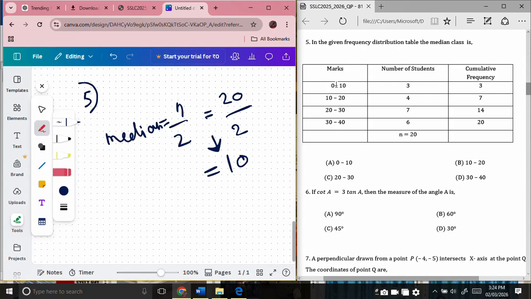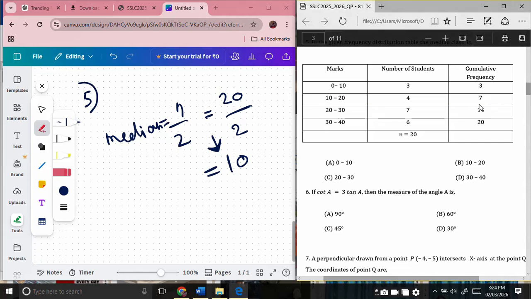In the cumulative frequency table, you have to look for 10. So it is going to be 20 to 30. Why 20 to 30? Because we have got the median as 10. Which cumulative frequency is closer to 10? It is 14.